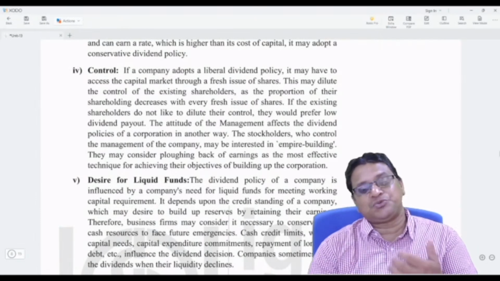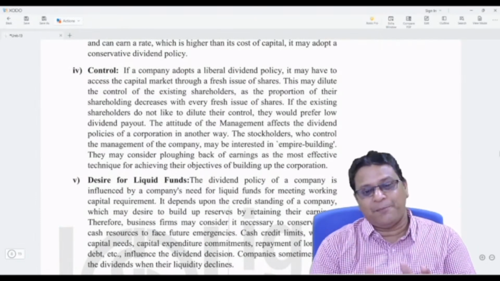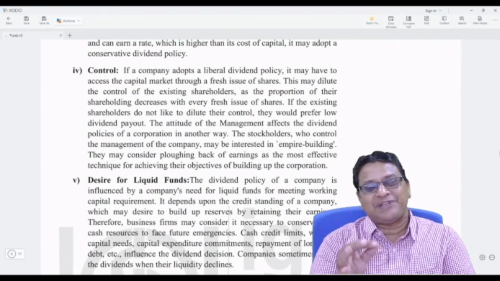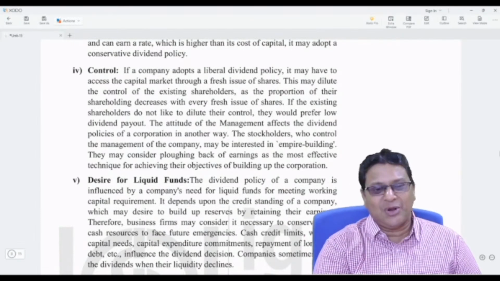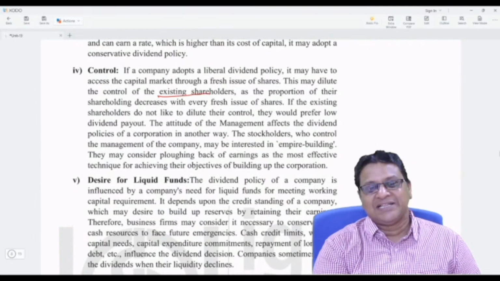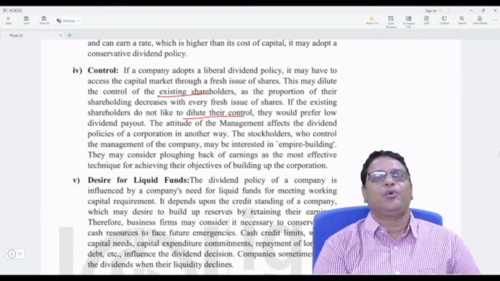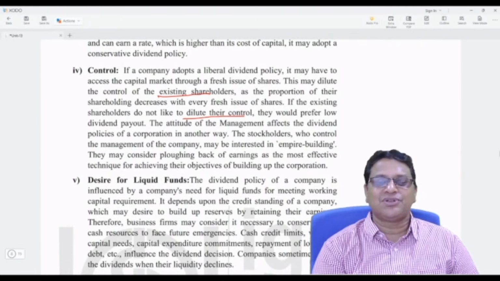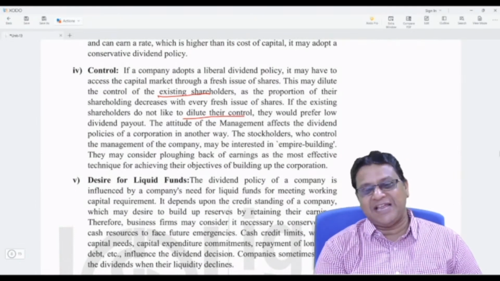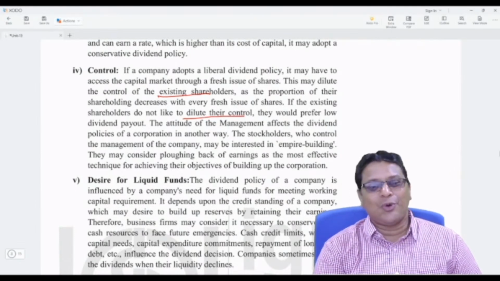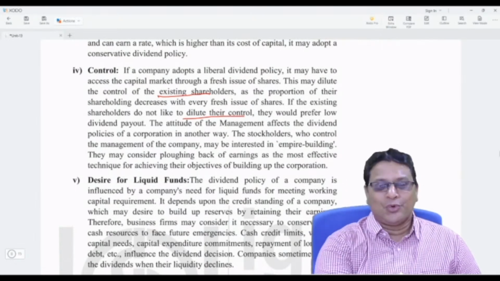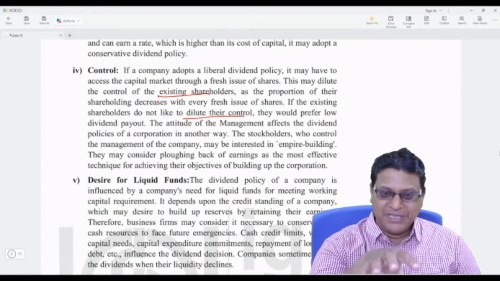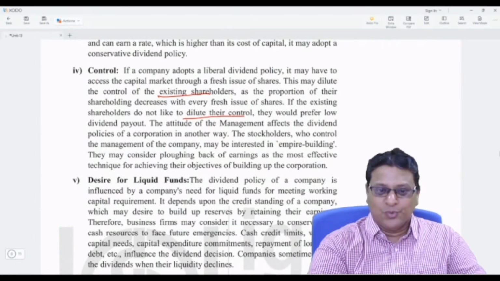If a company issues further equity shares, then what happens? The number of existing shareholders will increase in future. Once the number of shareholders increases, there is a dilution in control. Then the control of the existing shareholders will be lost.